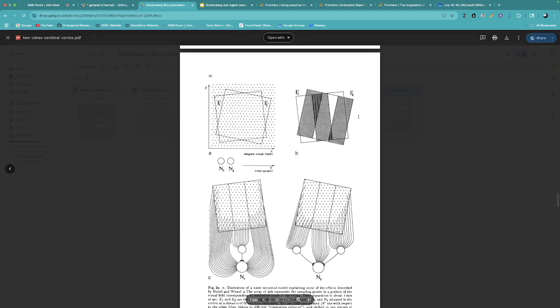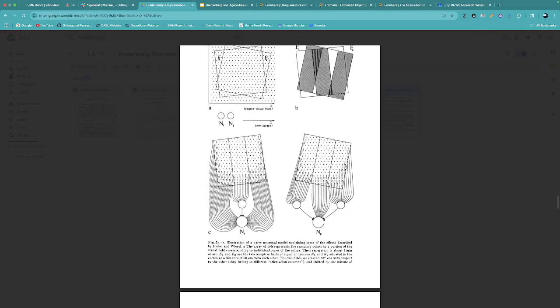So this kind of shows how they phase shift, and then these two in C show the connectivity between these different parts of the visual field as you rotate them 18 degrees. So these are things that belong to different orientation columns. One orientation column represents the visual field like this, and the other one represents it like this.